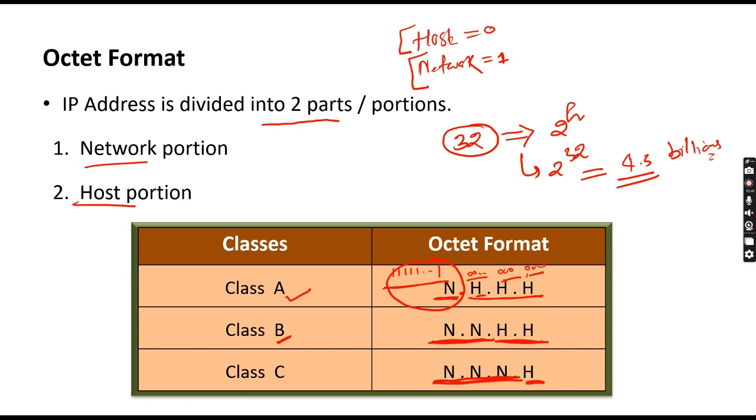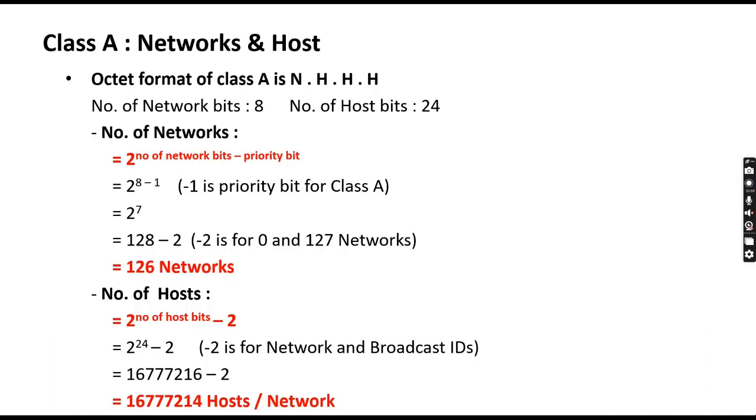But when it comes to different classes, how many IP addresses will there be? Let us try and understand. I will tell you how to calculate the total number of IP addresses in one class and the total number of networks also.